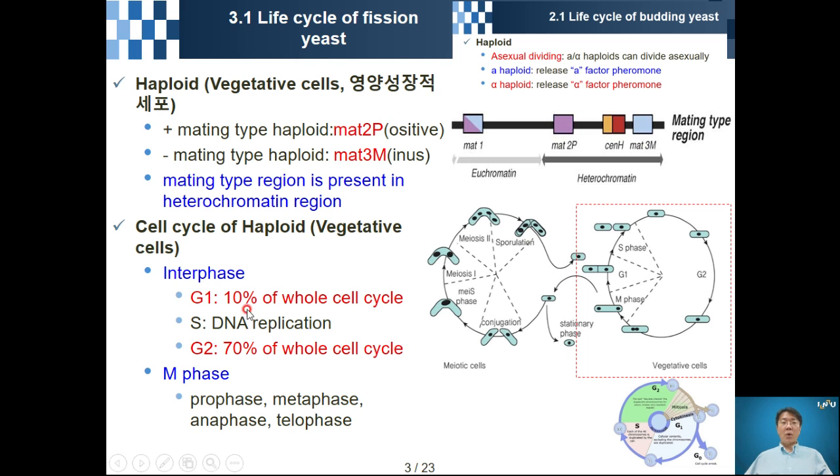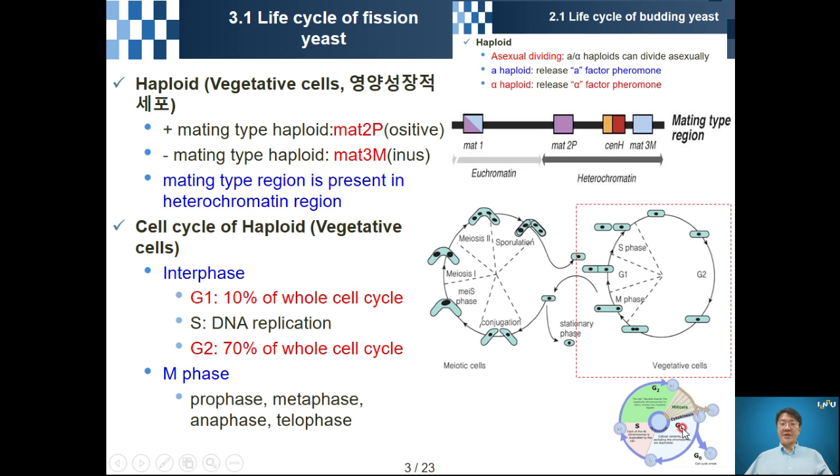Now I will explain the cell cycle of haploids, the vegetative cells. It is composed of interphase and M phase.